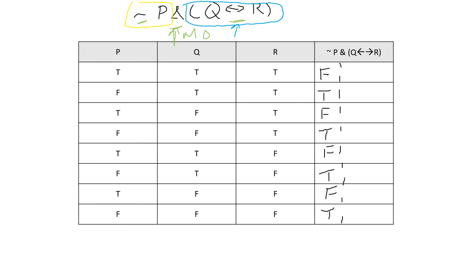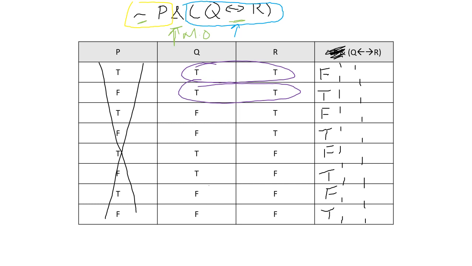Now, what we need to do is the biconditional, the double arrow. So we'll just ignore that side of the ampersand now, and we'll just focus on Q double arrow R. And if you remember, the biconditional is true wherever both sides are true, or both sides are false.